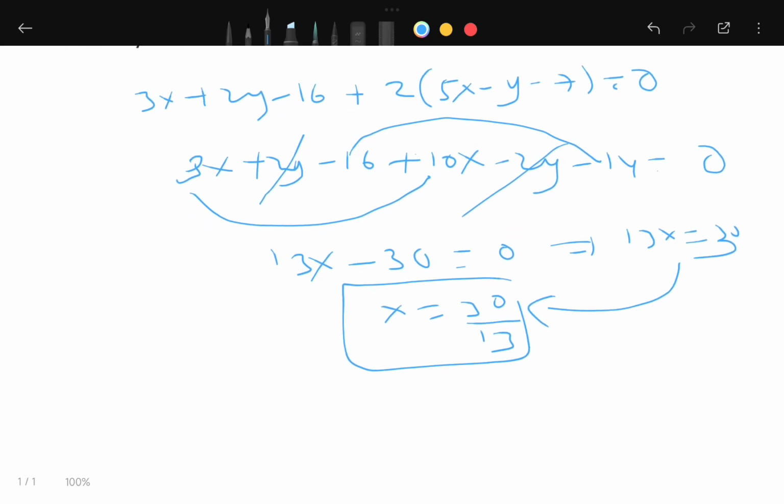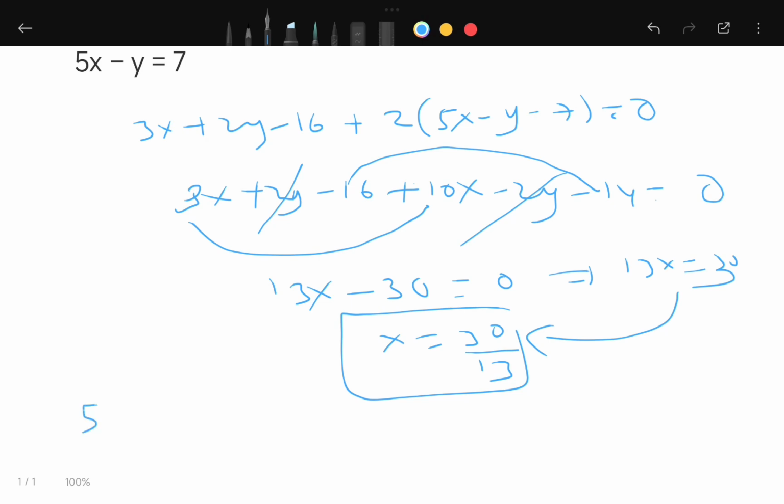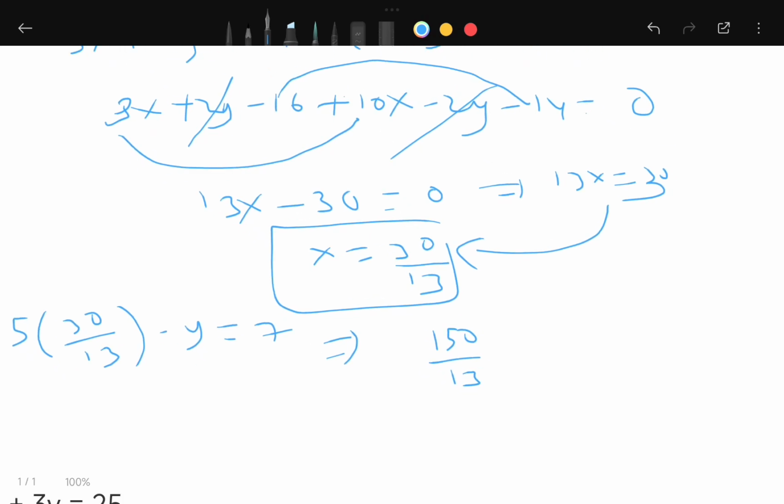Now let us substitute this in the second equation: 5 into 30 by 13 minus y equals 7, which implies 150 by 13 minus y equals 7. 5 times 30 is 150.